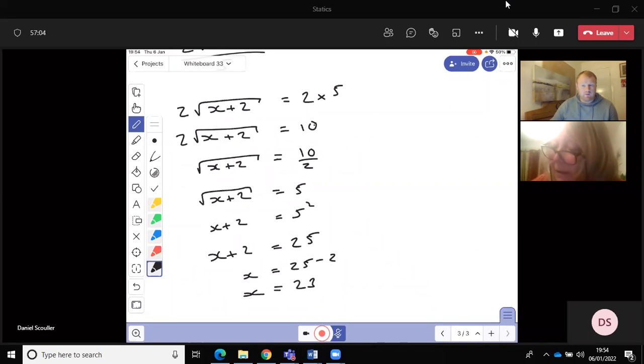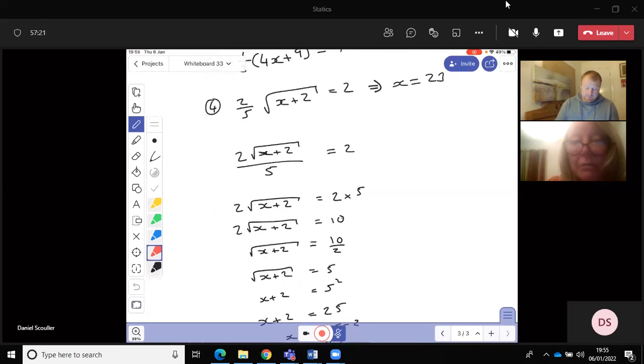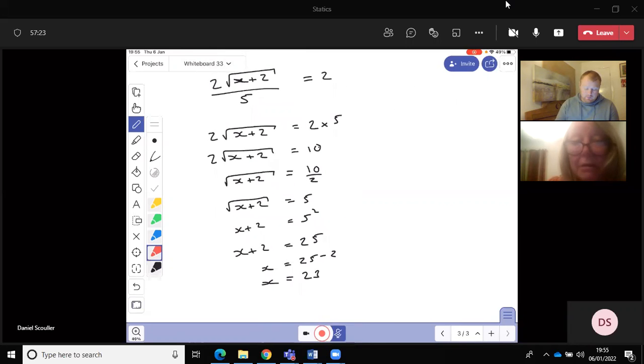Where did I lose you? What point did you move the root, Sandra? I moved it at the top where 2 times 5 is 10, and then I squared that. I squared the 10. So you squared at this point.